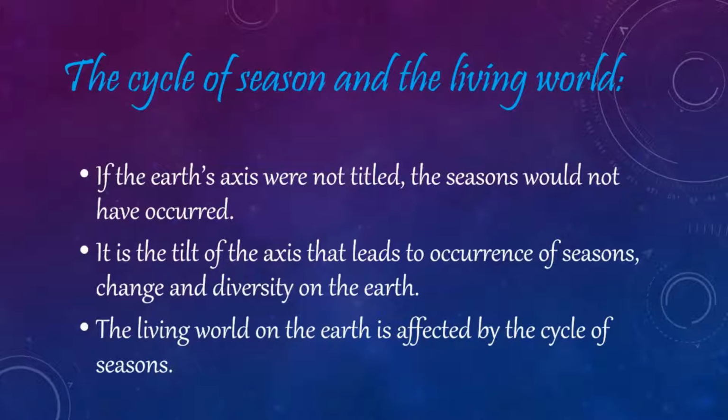For example, in the region between 66°30 minutes and 90° in both the hemispheres, even the mild sunlight available for a part of the year gives rise to certain flora and fauna.